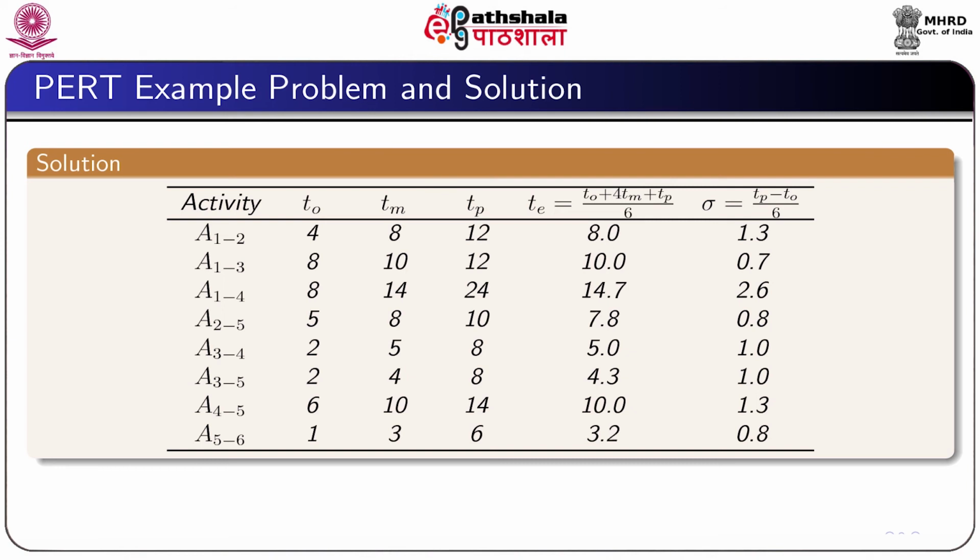The activities 1, 2, 1, 3, 1, 4, 2, 5, 3, 4, 3, 5, 4, 5 and 5, 6 give the expected time Ti for each activity and the standard deviation for each activities as shown in this slide.